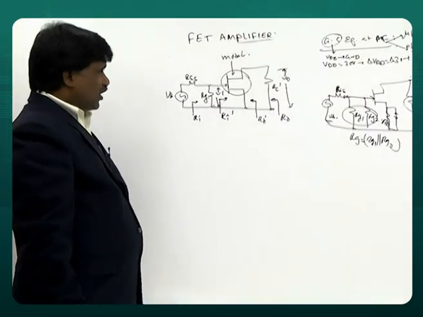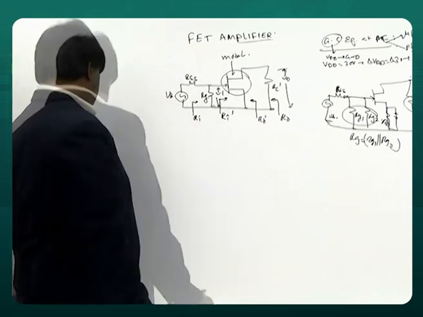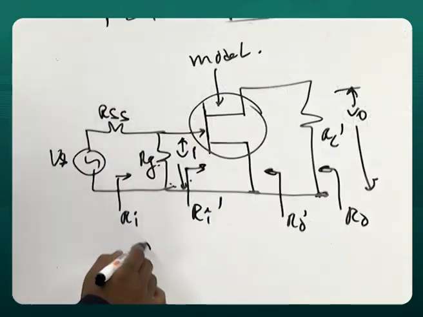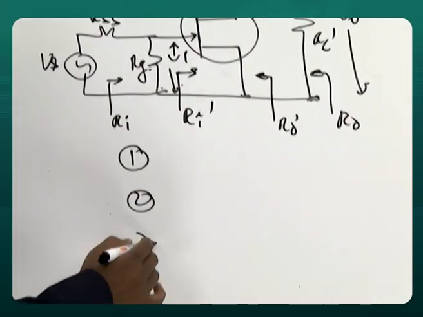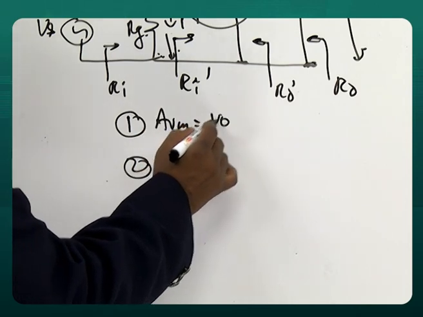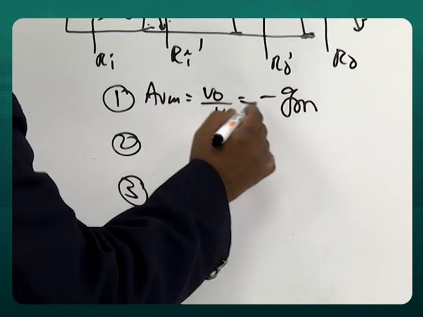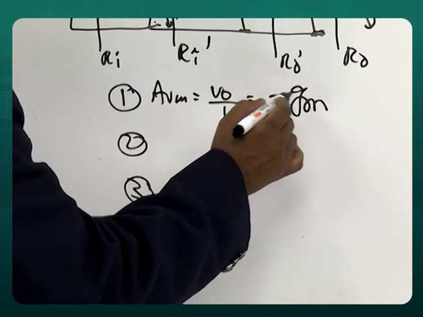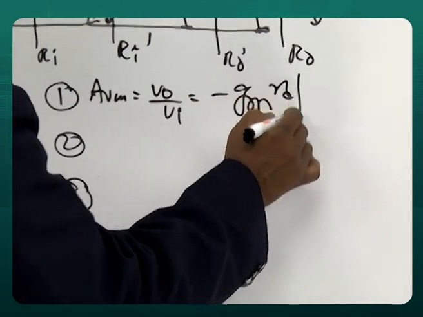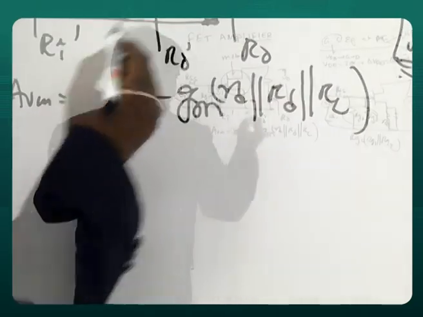This you should replace with the model. That's why I have taught models first and then going for analysis. And how are the expressions going to come there? If you do the analysis, Vo by Vi is minus gm, small rd parallel capital RD parallel RL.